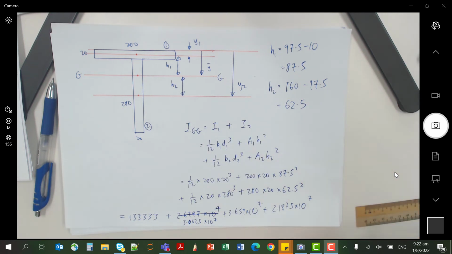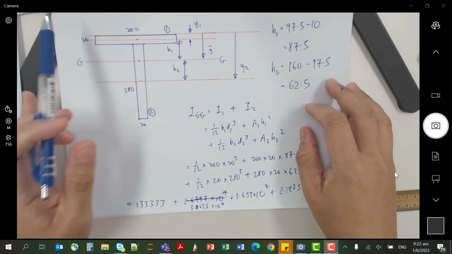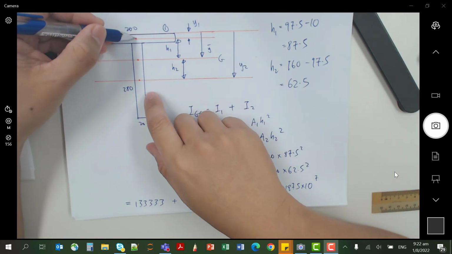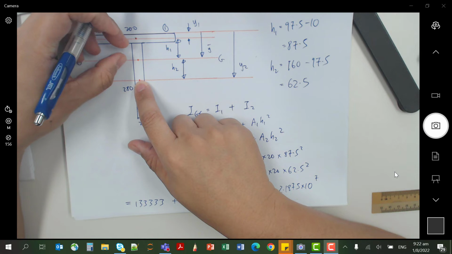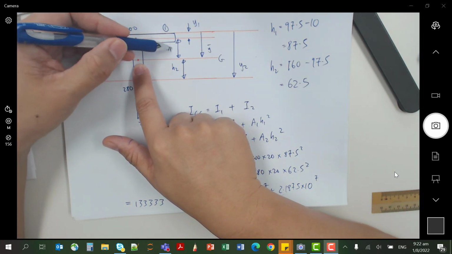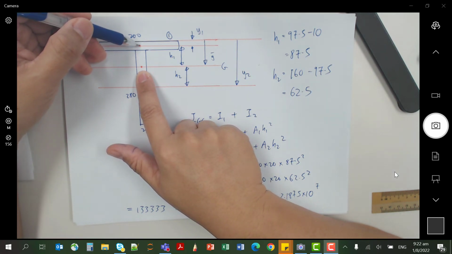And then you need to find the value of I. Because the rectangle 1 and rectangle 2 have centroids that are a distance away from the GG, you need to include H, the distance offset of their respective CG.